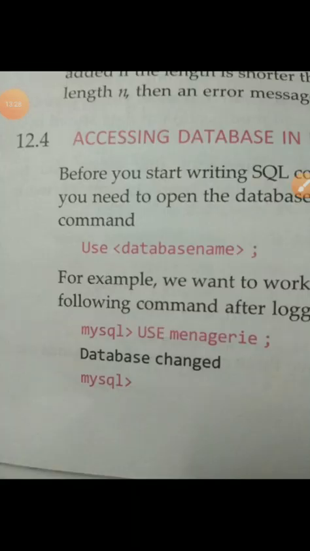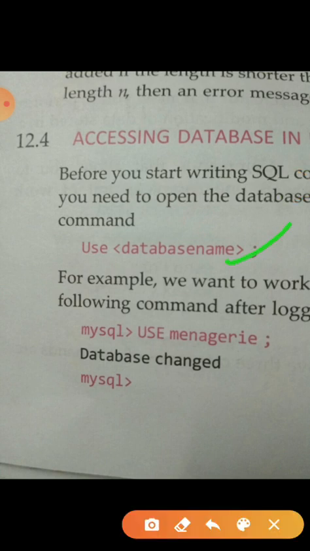Okay, suppose you want to access your database, for that purpose we use the use command. If we have previously created a database and want to access it, we write the use keyword and then the database name. When we give this command, it changes the database.